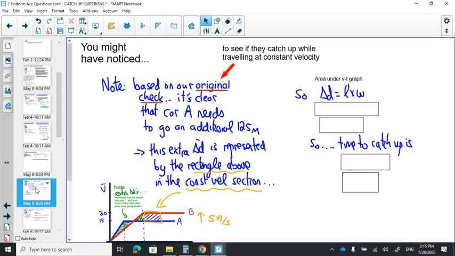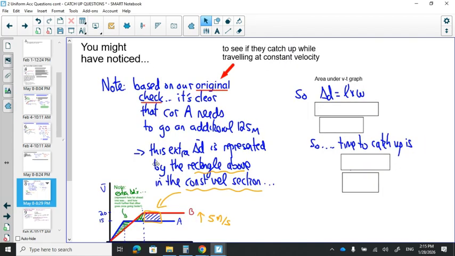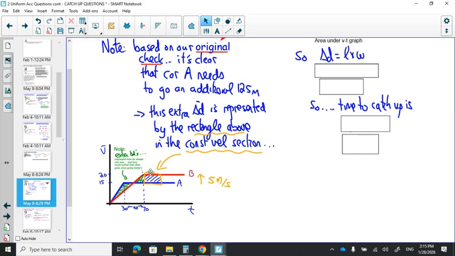All right. You might have noticed based on our original check that we did, right, this idea here, we might notice that really it just needs that extra 125 meters, right? So this little extra area here beyond this time just needs to be 125. It's another way of thinking about it. It's not how I'd recommend tackling it right from the get-go for other reasons you'll see later.